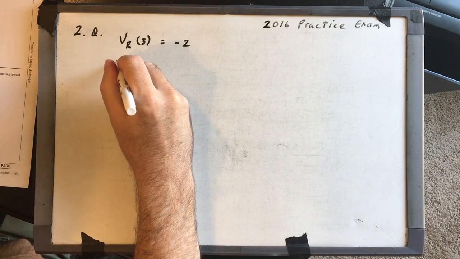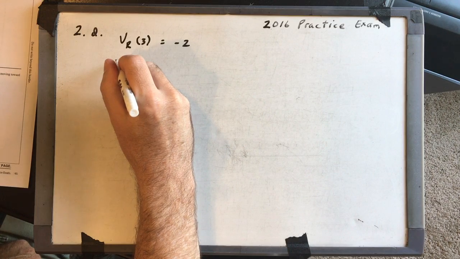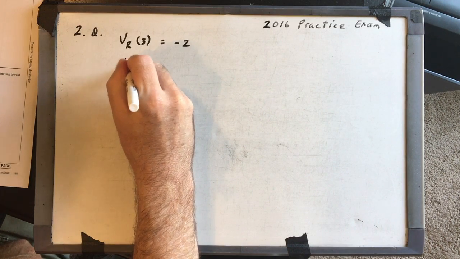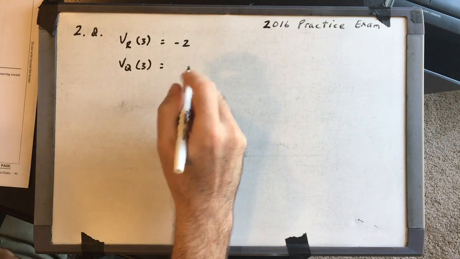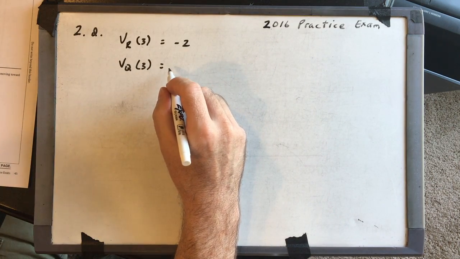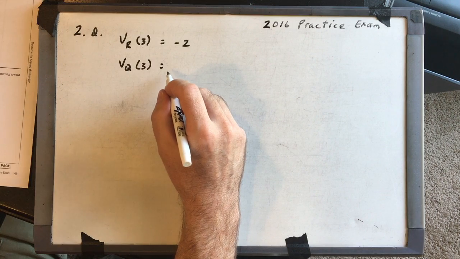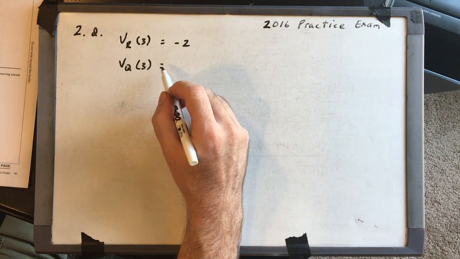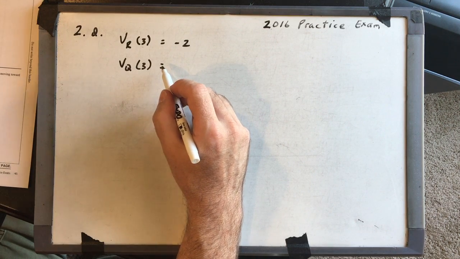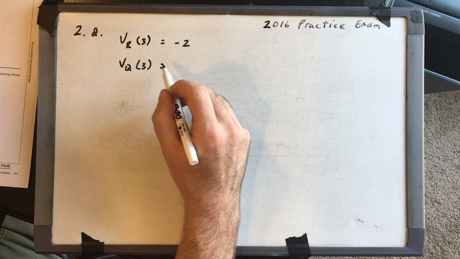So what is the velocity of the other particle, Q, at time 3? Well, you would just plug 3 into the function in your calculator. On the 2020 test, you would just plug 3 into whatever that function is. Okay, so that function, let me look back at the problem.